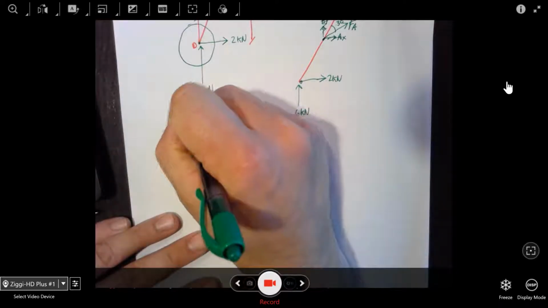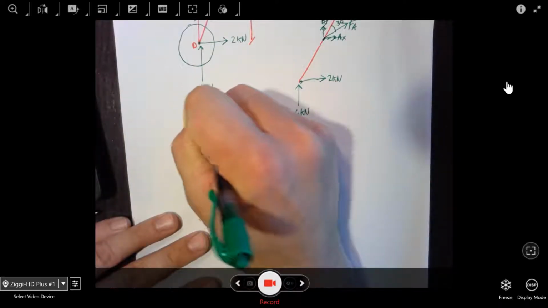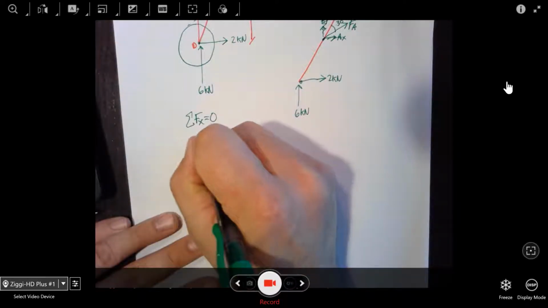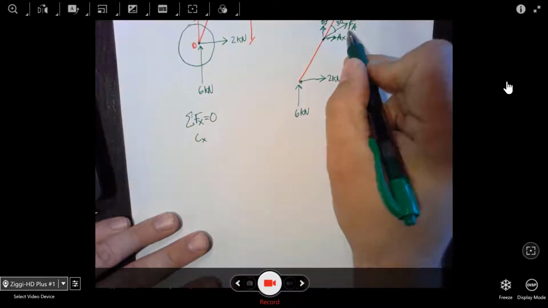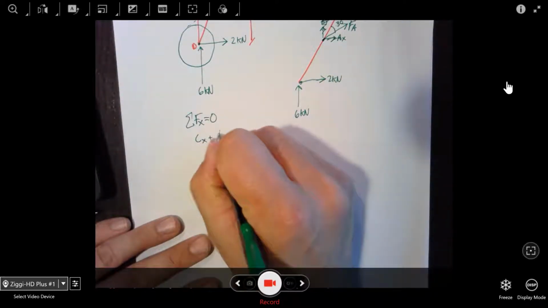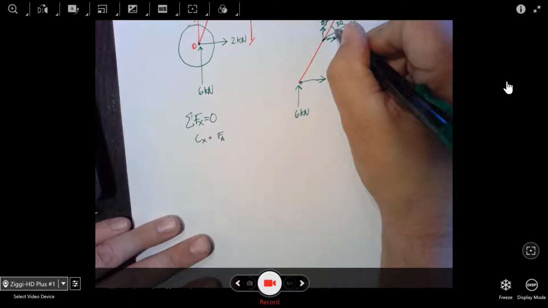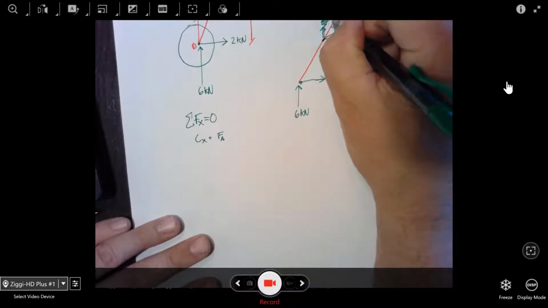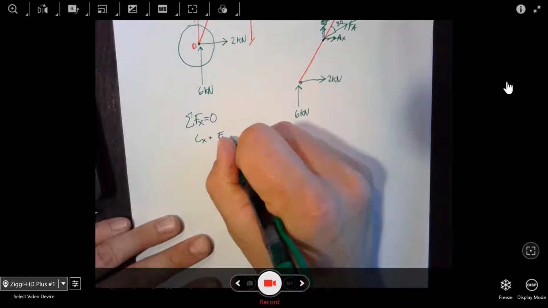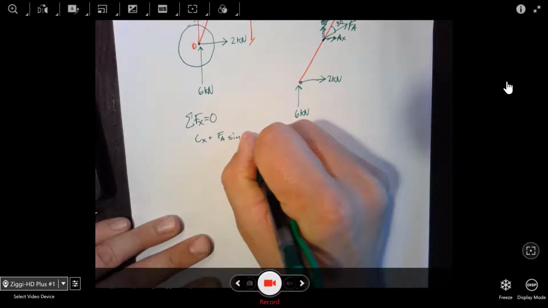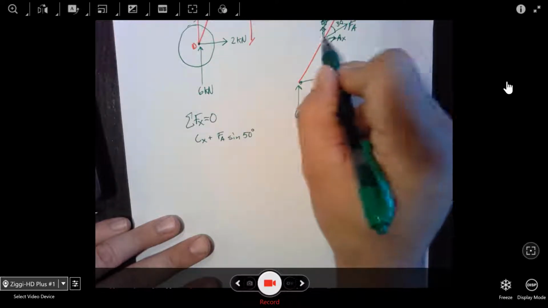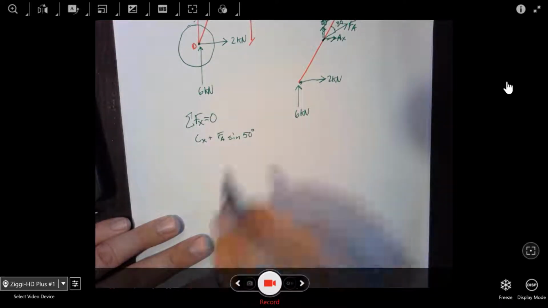Let's do sum of the forces in the X equals 0. So the sum of the forces in the X, it looks like I'll have CX plus the component of FA that's in the horizontal, so that'd be plus FA sine 50 degrees, right? 30 and 20 is 50, and I'm looking for the opposite, which would give me the horizontal.